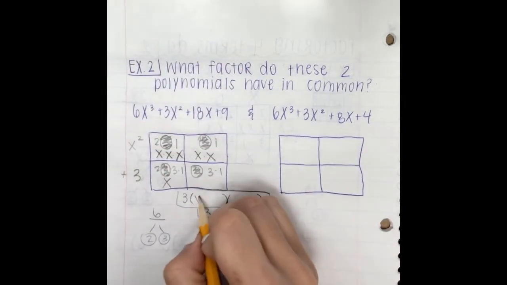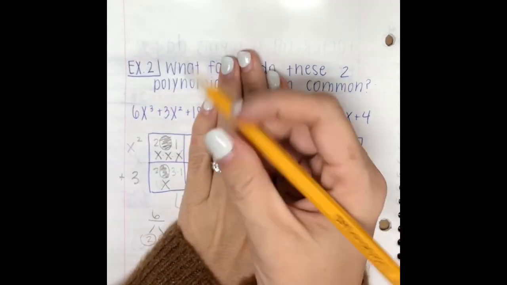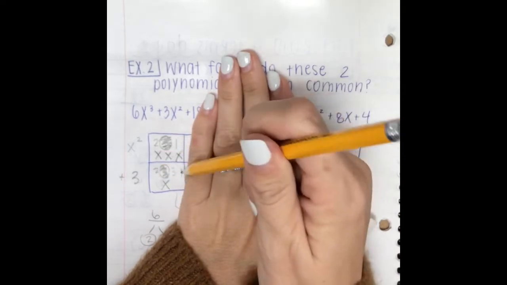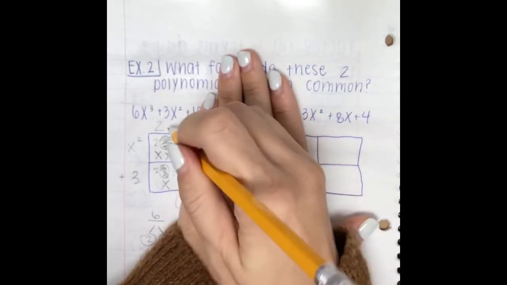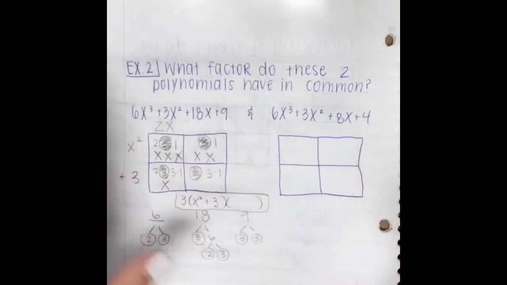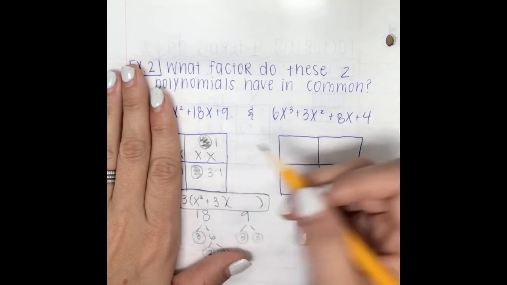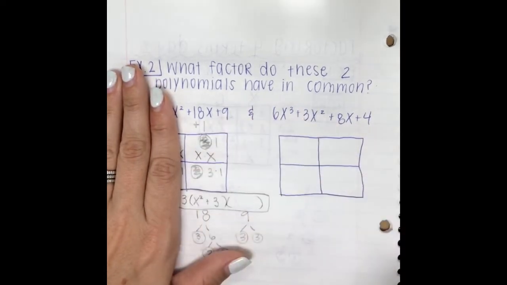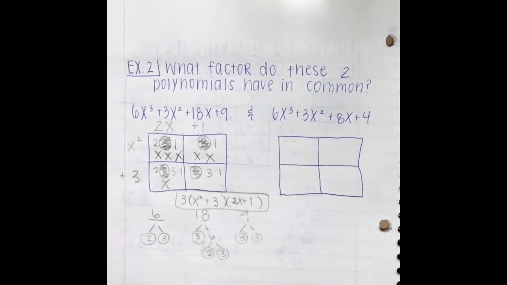So that's one of my factors, x squared plus 3. And then we'll go column by column. They both have a 2 and a 1, so 2 times 1 is 2. And they both only have one x. And then this column, they both have a 1, and that's the only thing they have in common. So we're gonna put plus 1. So that's my other factor, 2x plus 1.